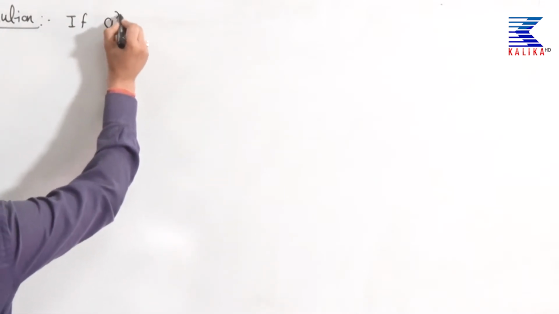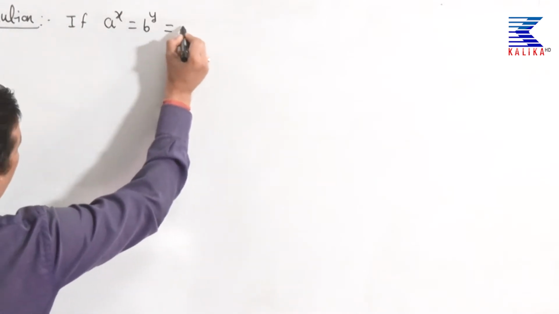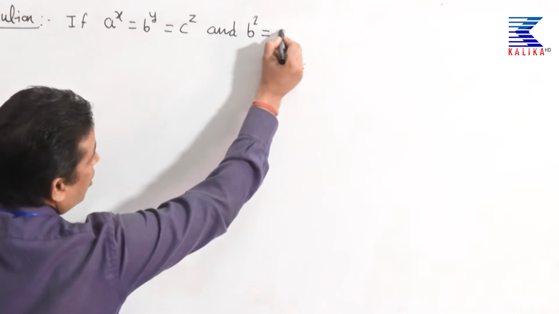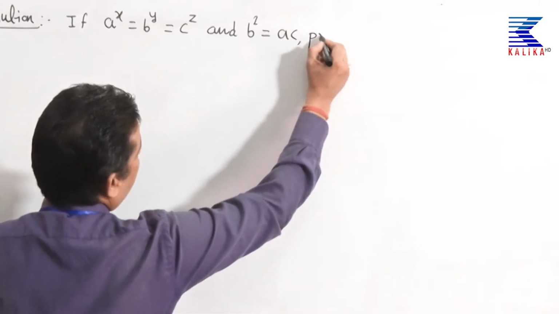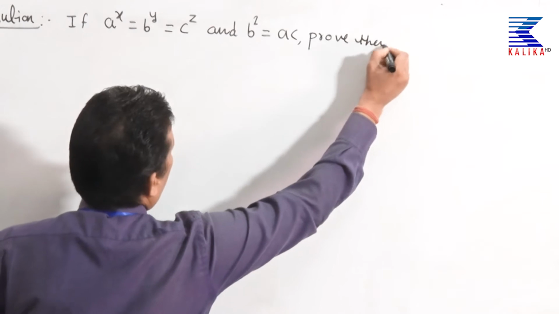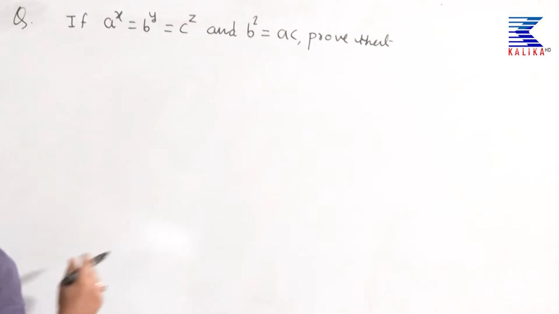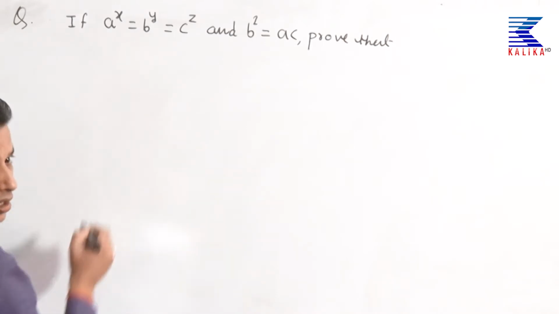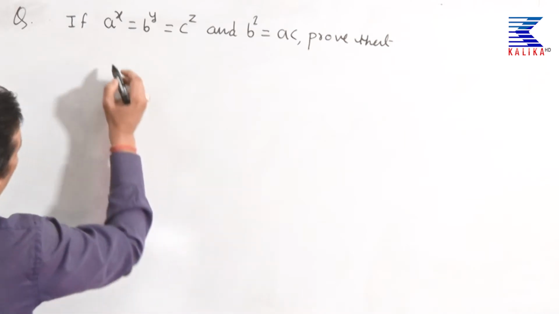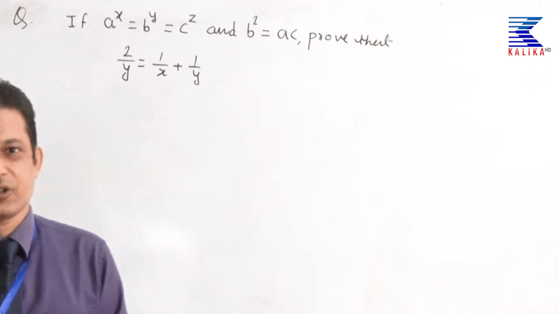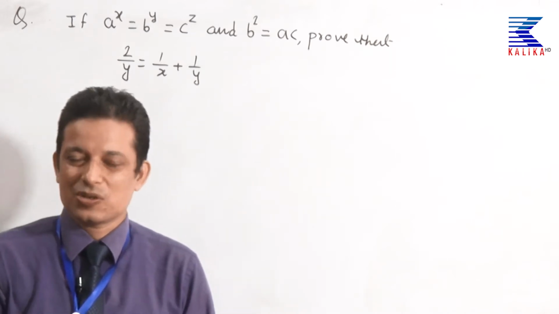If a to the power x is equal to b to the power y is equal to c to the power z, and b square is equal to ac, prove that 2 over y is equal to 1 over x plus 1 over z. This question I have also written, thinking that you may be a little bit confused if I do not show the question here.